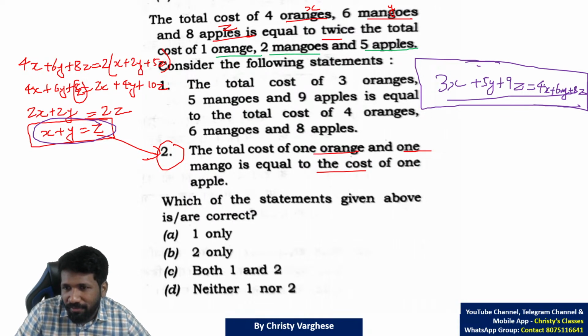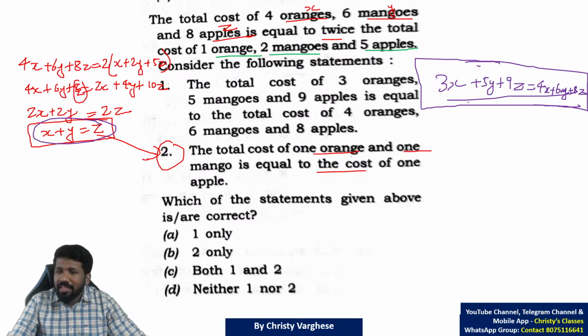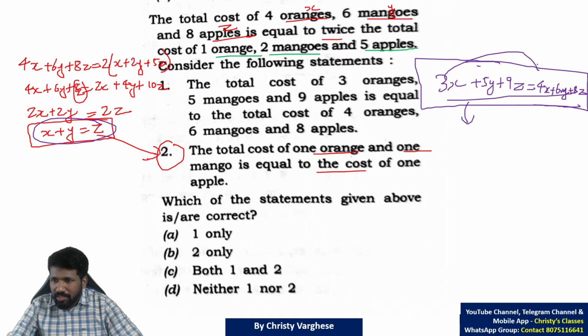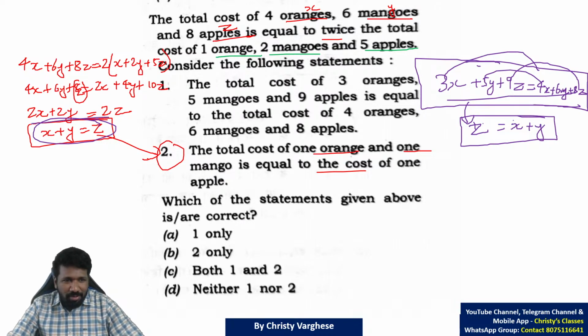When you simplify it, what will you get? Taking x terms to the same side, 3x is smaller, so taking to the other side it will be 1x. 5y to the other side, that will be 1y. And 8z to this side, that will be 1z. Look at this. x plus y is equal to z. That is the same as x plus y is equal to z.